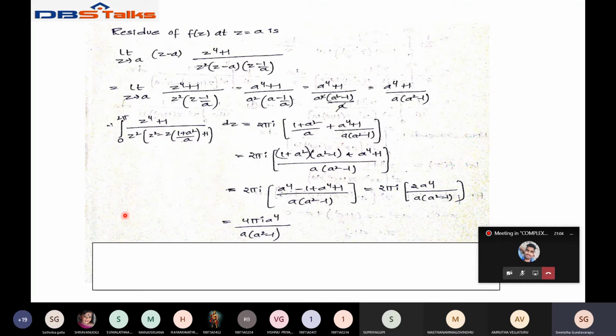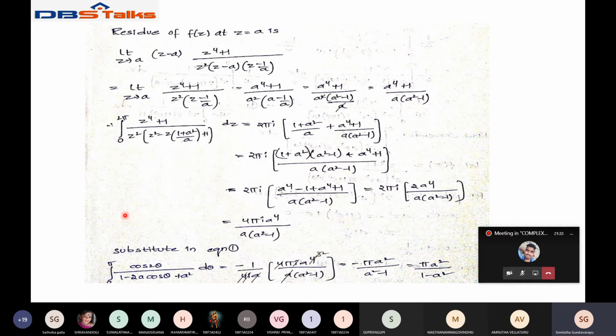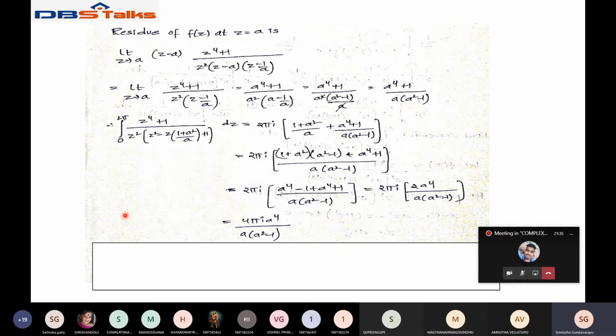Therefore, substitute in equation 1, we get integral 0 to 2 pi z power 4 plus 1 by z square into z square minus z into 1 plus a square by a plus 1 dz equal to 2 pi i into r1 plus r2 plus r3. R3 is 0 because z equal to 1 by a is outside the circle. So just residues r1 and r2: 2 pi i into r1 plus r2. R1 is 1 plus a square by a and r2 is a power 4 plus 1 by a into a square minus 1.